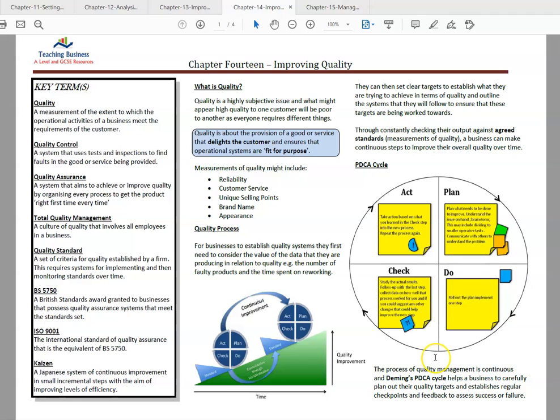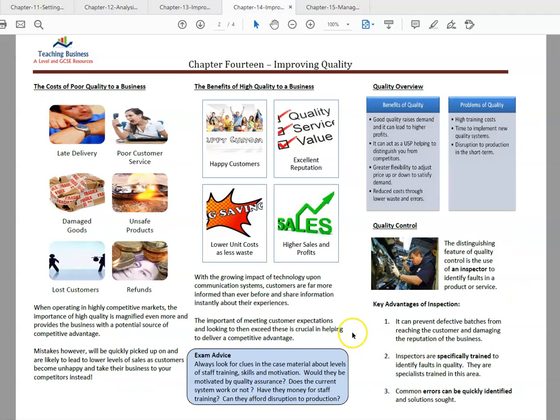It's a constant loop. And remember, without good quality, there are not just financial costs, late delivery, or lost customers, but also you may be sending out unsafe products.